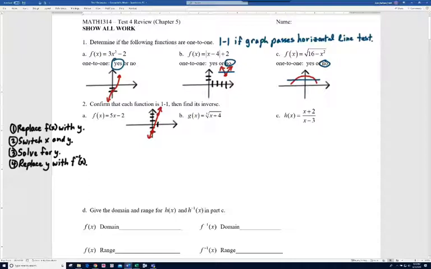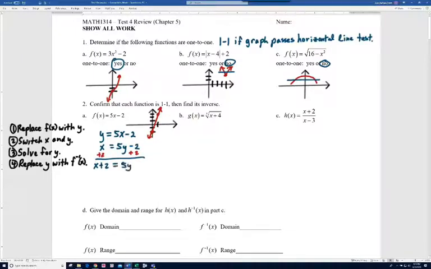Now there's 4 steps that we discussed about how we're going to find an inverse. So first we're going to replace f of x with y. So basically we're just changing to the y notation because it's easier to work with when we're manipulating an equation. And then we'll switch our x and y's, so that's a really important step when we're finding an inverse. And then the other important step would be now we solve for y. So we're going to add 2 on both sides.